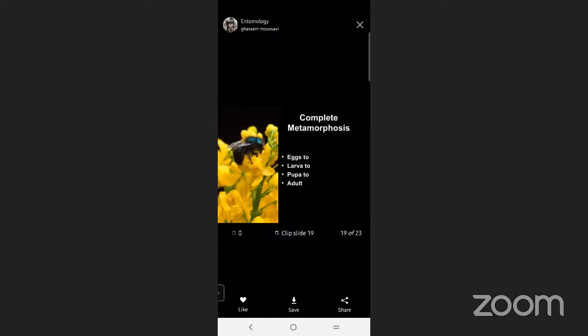You have drawn these diagrams in the 6th class about complete metamorphosis, how the caterpillar-like larva comes out and becomes a butterfly. In the butterfly also we see the same stages: egg, larva, pupa, and adult.